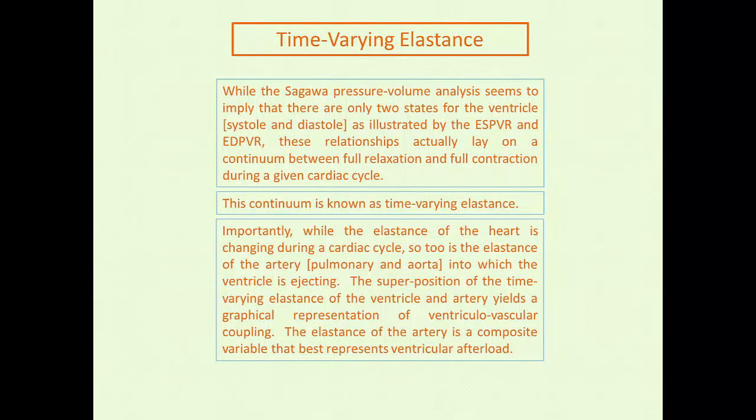And the superposition of the time-varying elastance of the ventricle and the artery yields a graphical representation of something that you may have read about in physiology papers, and it's this notion of time-varying elastance. So the elastance of the artery is a composite variable that best represents ventricular afterload.